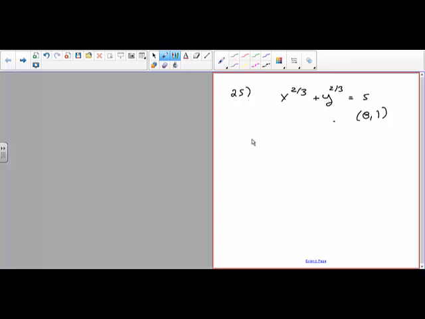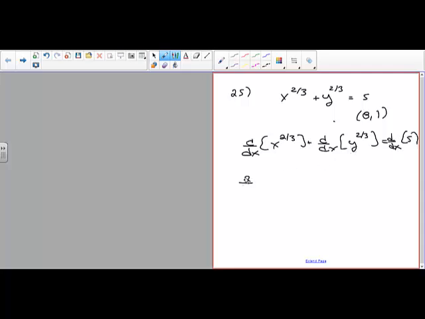So we're going to take the derivative with respect to x of each term. When we deal with the one that's just x, we just use the normal power rule. And this one we're going to have to use implicit differentiation.